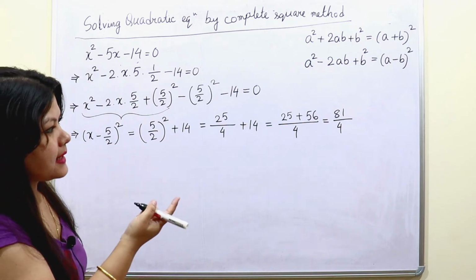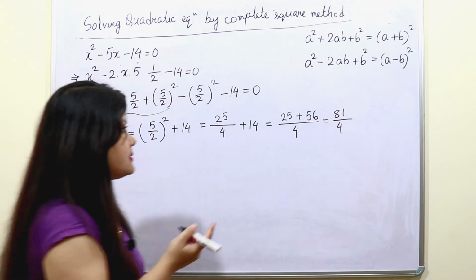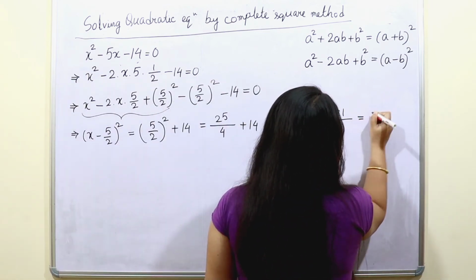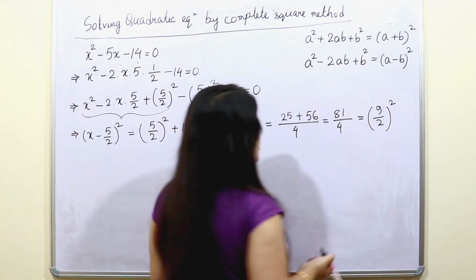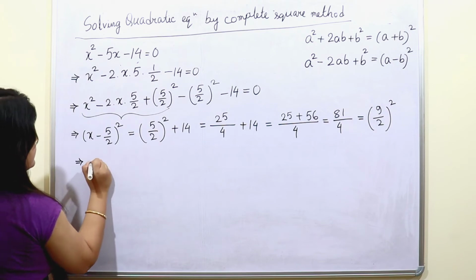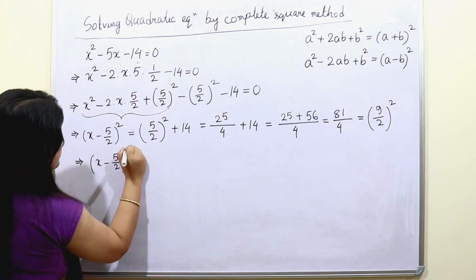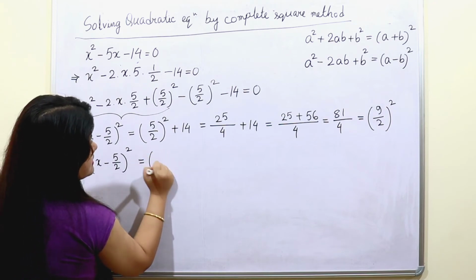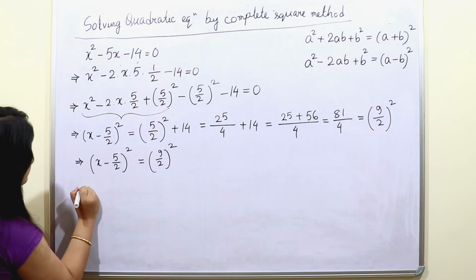Now you can see that 9 square is equal to 81 and 2 square is equal to 4, so we can write (9 by 2) whole square. So let us write down the values: (x - 5 by 2) whole square is equal to (9 by 2) whole square.